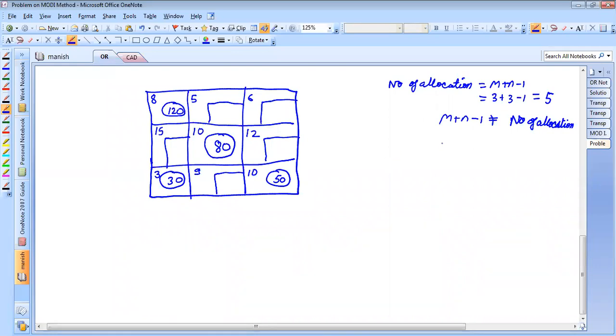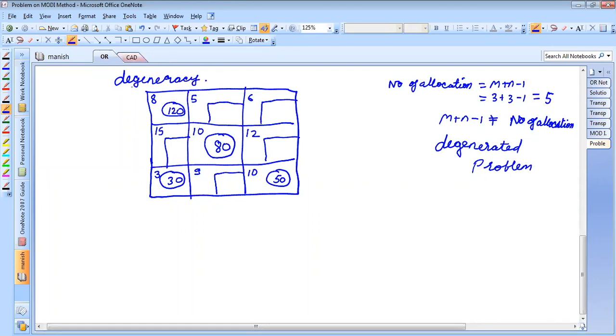Then we say that this problem is a degenerated problem. This type of problem is called degeneracy. If there is a degeneracy occurring in the table, am I clear here?